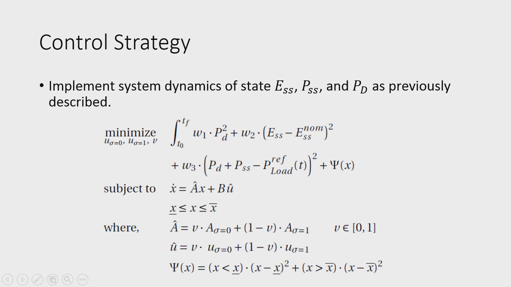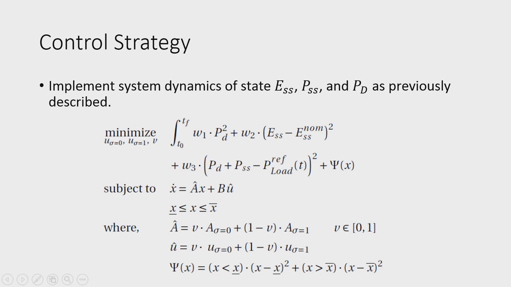The W's here are the tracking rates. These are just parameters that I had to tweak in order to run the simulation smoothly. The X is the stacked variable of ESS, PSS, and PD. The upper and lower limits here were the numbers that were shown in the graph earlier on.